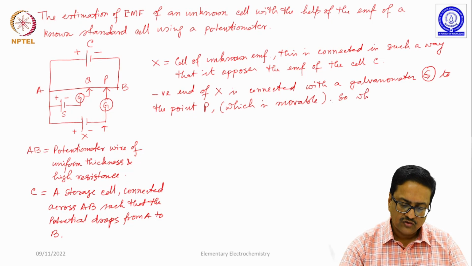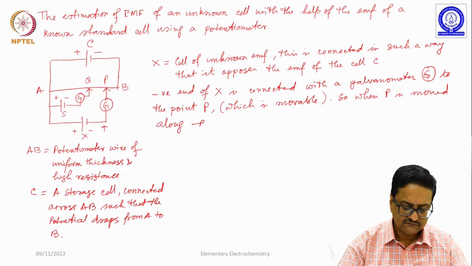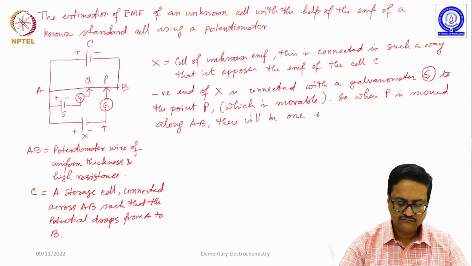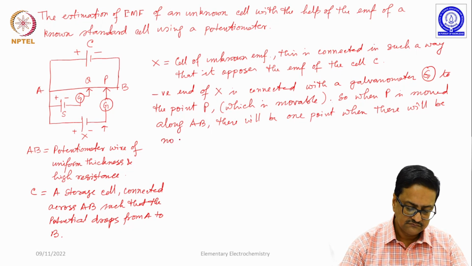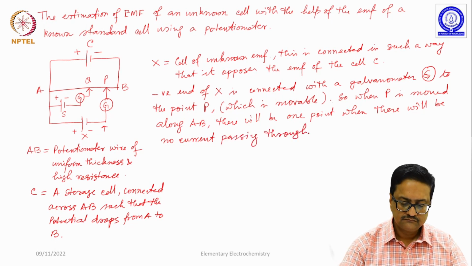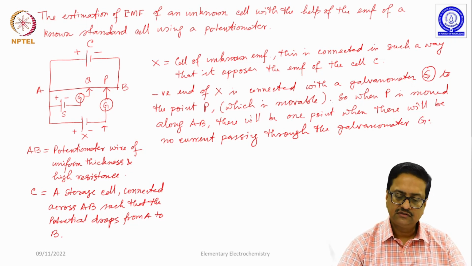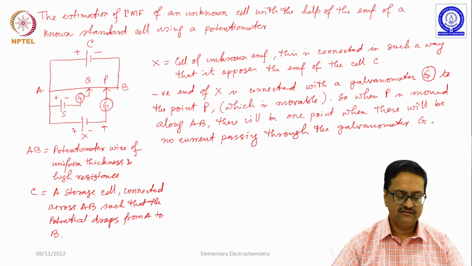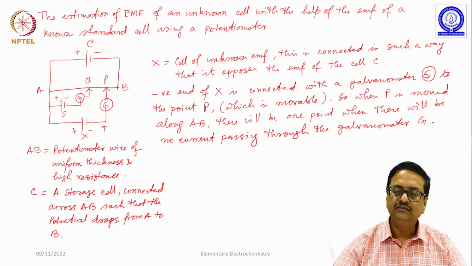So, when P is moved along AB, there will be one point when there will be no current passing through the galvanometer G. So, that means the EMF of X is exactly same as the EMF of C, and that is why there is no current passing through the galvanometer G.